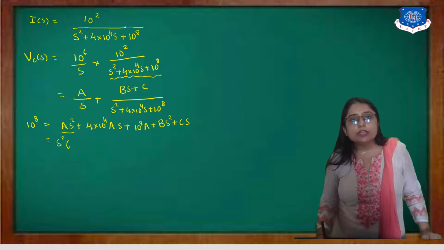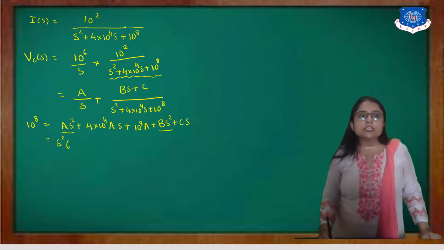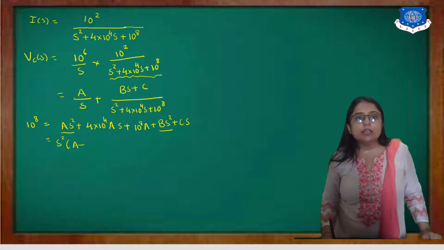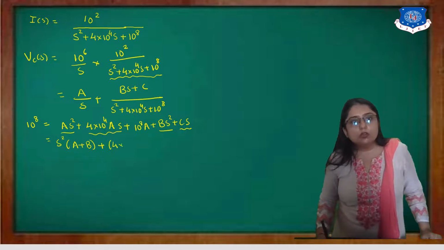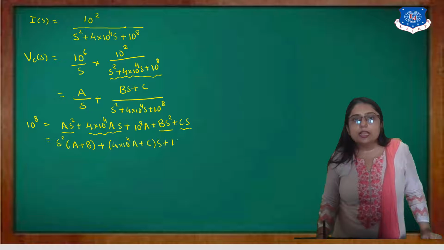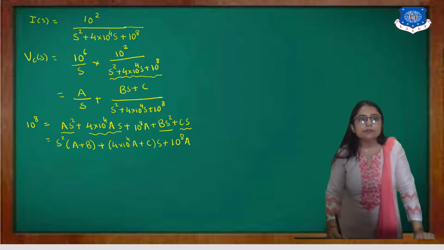Here two terms have an S square. So we have A plus B, and here you make S common, that is 4 into 10 raised to 4A plus C into S. And the remaining term is 10 raised to 8A.